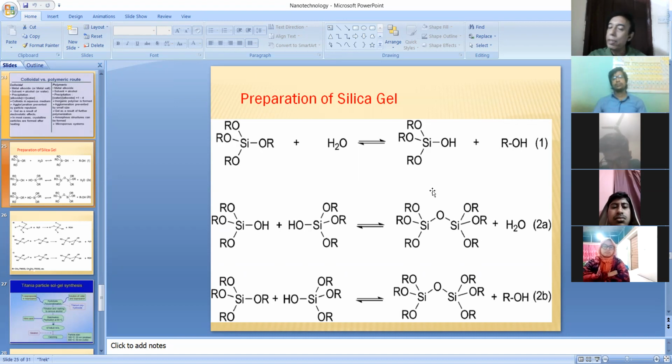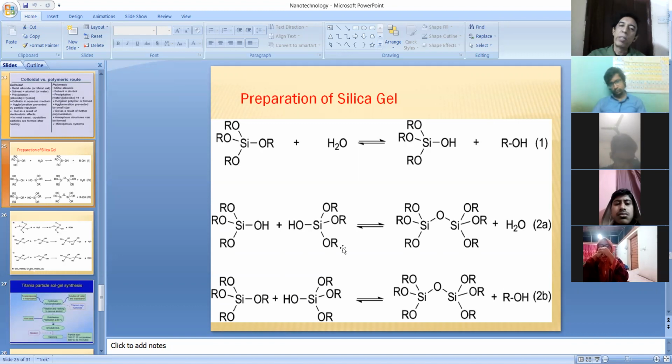Now, this product is the sol. Now we find the sol here, and one of these is linked with this molecule in a three-dimensional way. Then it is a gel.